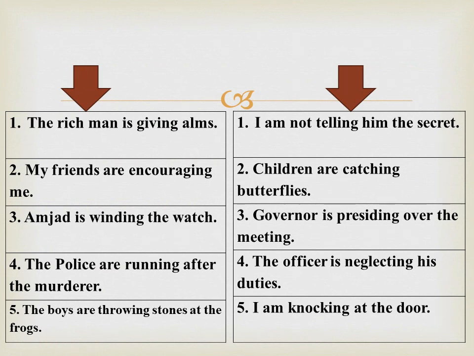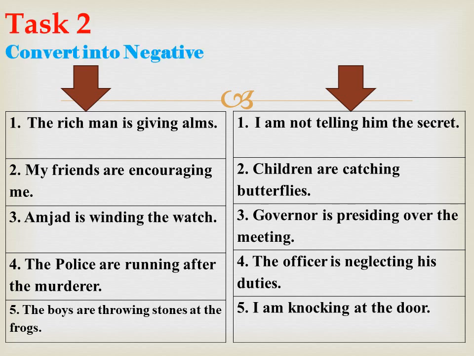Okay, here goes the task 2, which requires you to convert these sentences into negative, and in task 3 you are supposed to convert the given sentences into interrogative sentences.